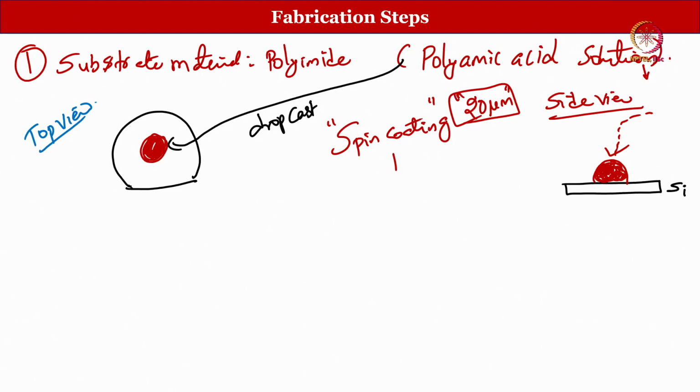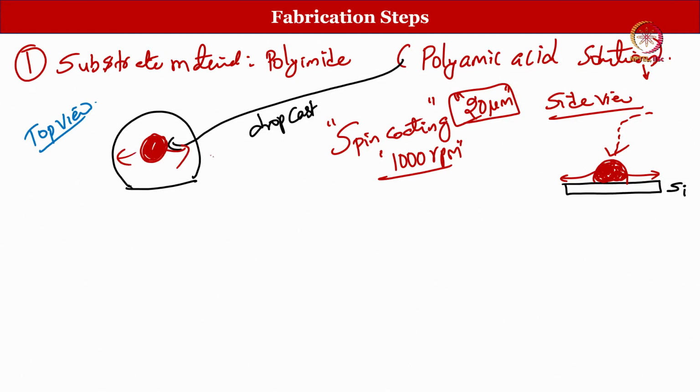So, you run the spin coater at 1000 rpm or something. Then these things will be uniformly distributed. You visualize, you have a silicon wafer in the hand, and you are spin coating it, then whatever solution is in the middle will try to distribute, but still it is a solution.